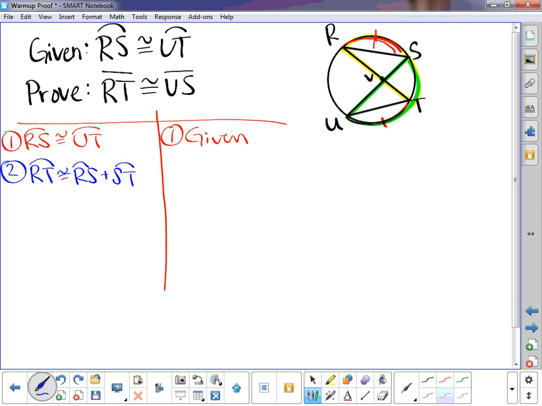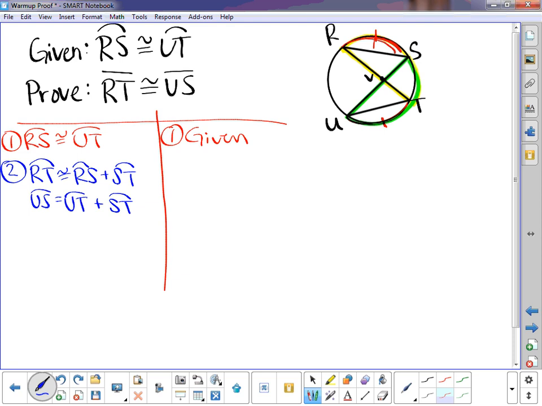Yeah. Okay. And likewise, I'm going to go ahead and state what US is made up of. Well, 50 states, but for this problem. Good one. Thank you. So UT and ST. Do we agree with those two statements there?